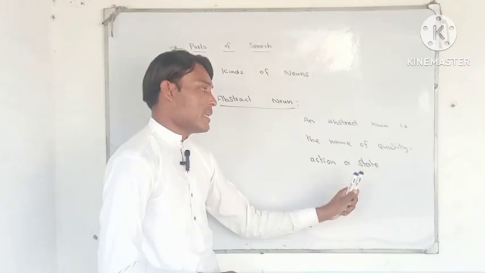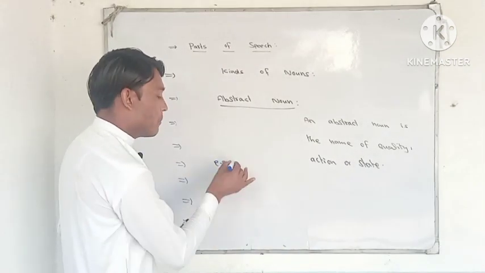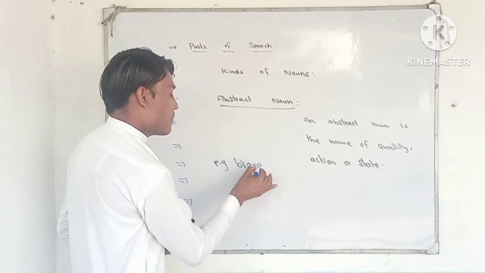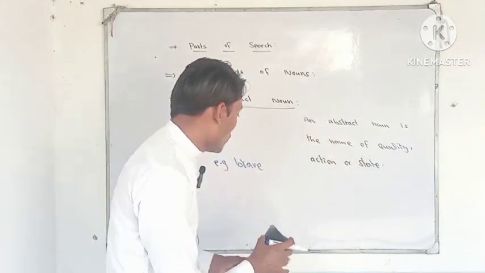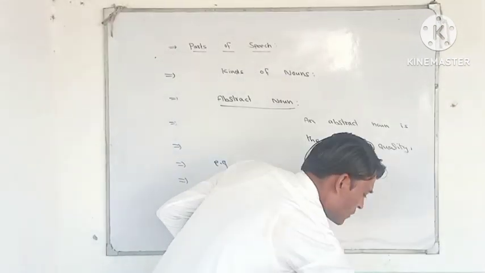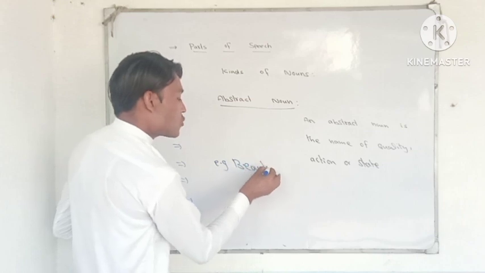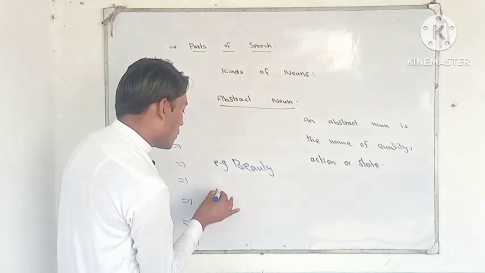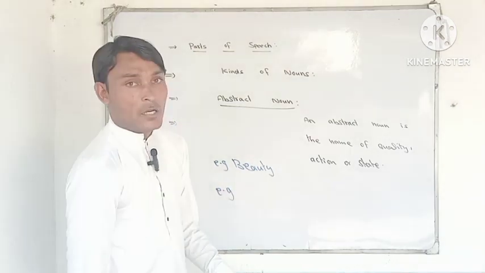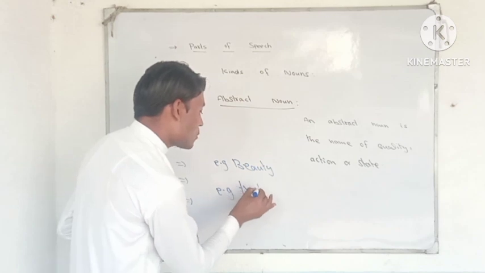Let me give examples about quality: brave, and also beauty. So beauty is a quality. Besides this, you can also talk about intelligence and truth.